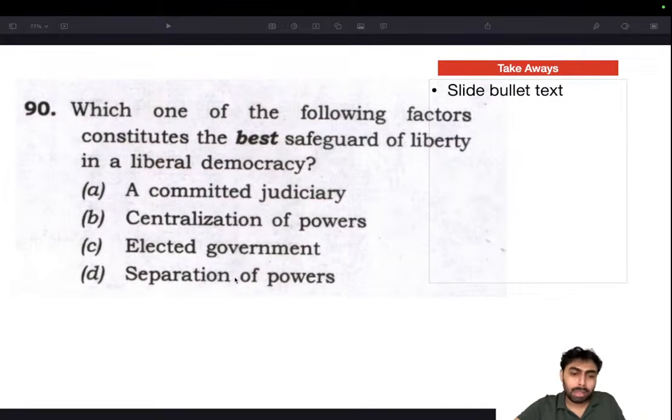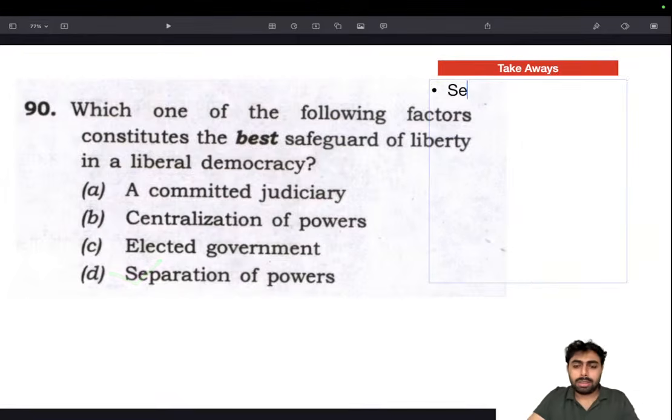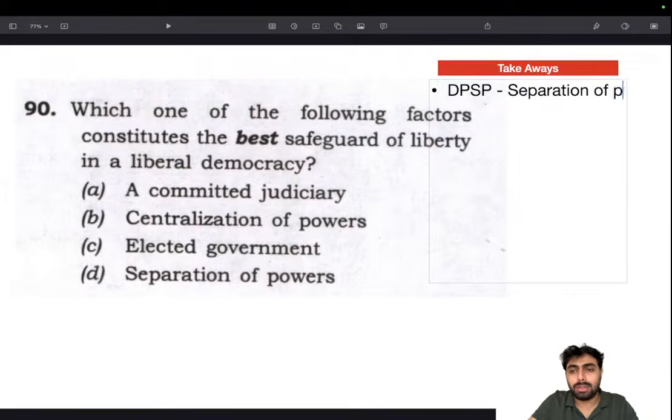But at the same time, if separation of powers is also there, this is more accurate. So go for separation of powers. That's it. Learn about separation of powers. Actually, in DPSP, I think it's 50 or 51, I don't remember exactly, there is separation of powers mentioned.